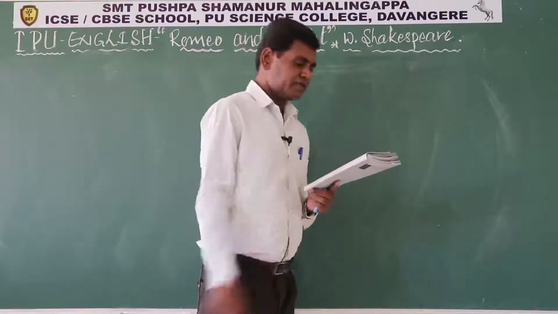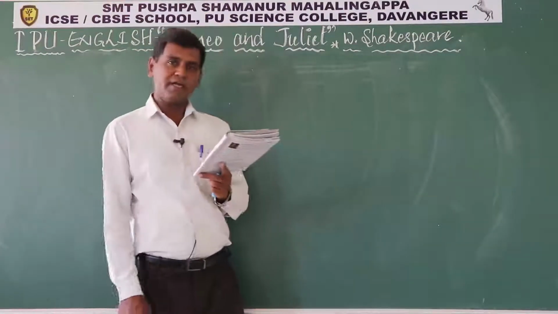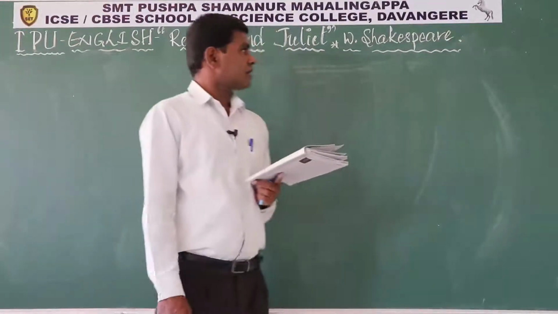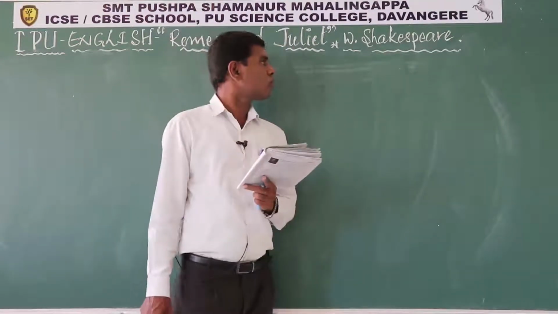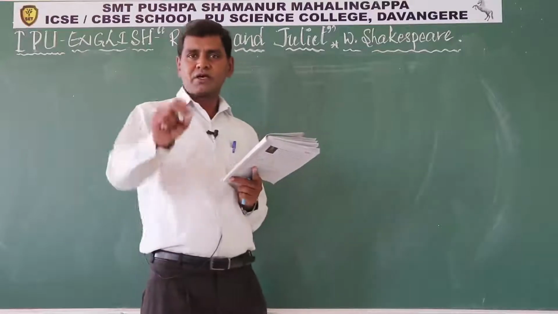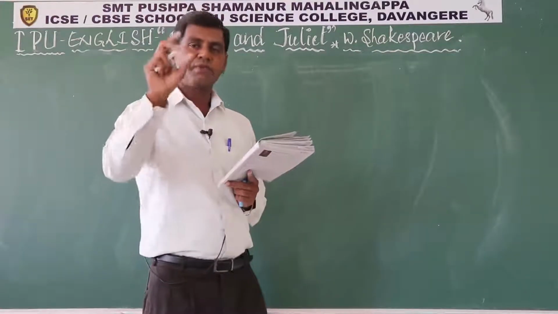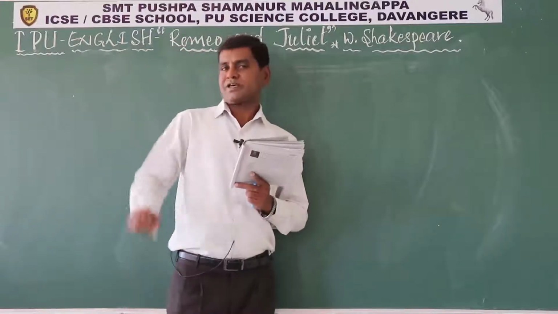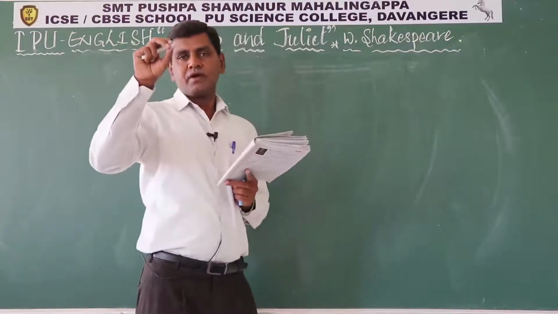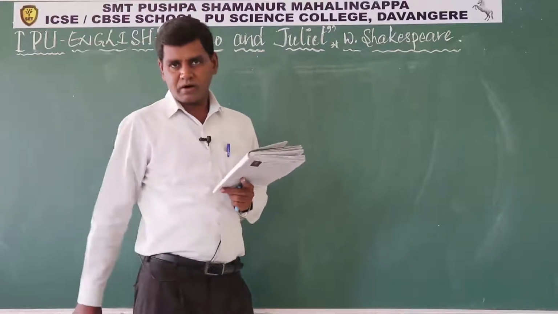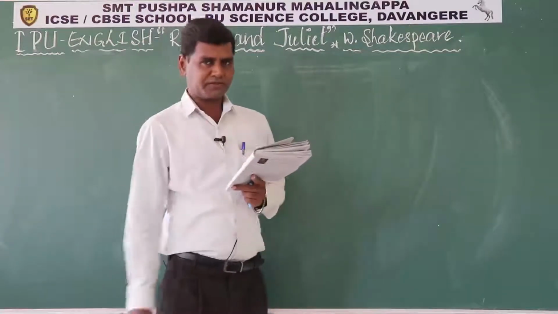So my dear students, as I said earlier in my class, you are not supposed to go beyond the terms and conditions of the board, that is the PU board. The instructions on the question paper are the final ones.